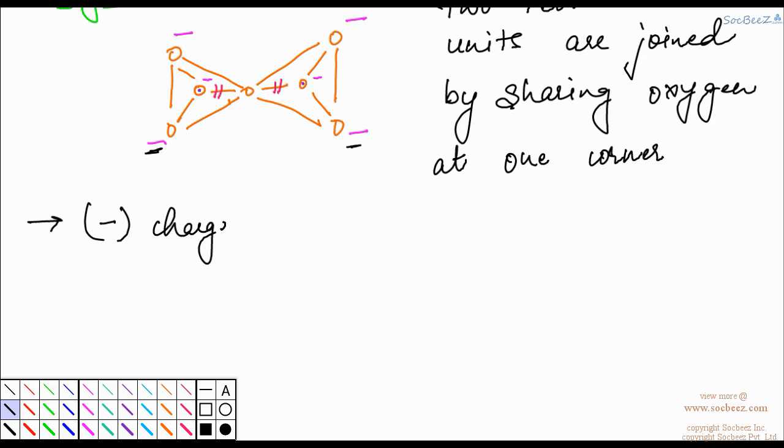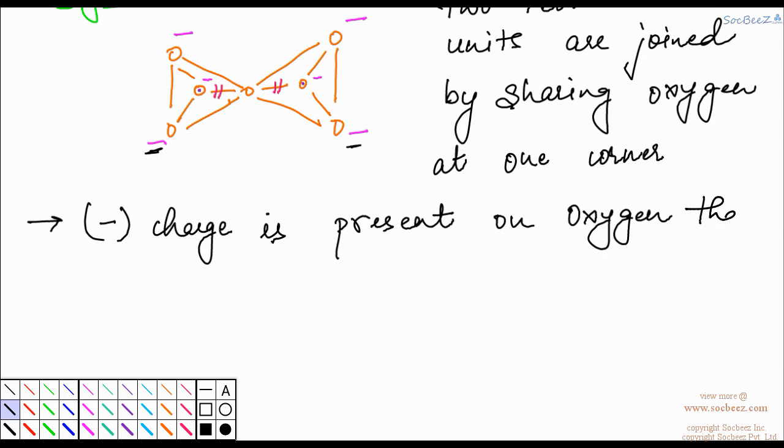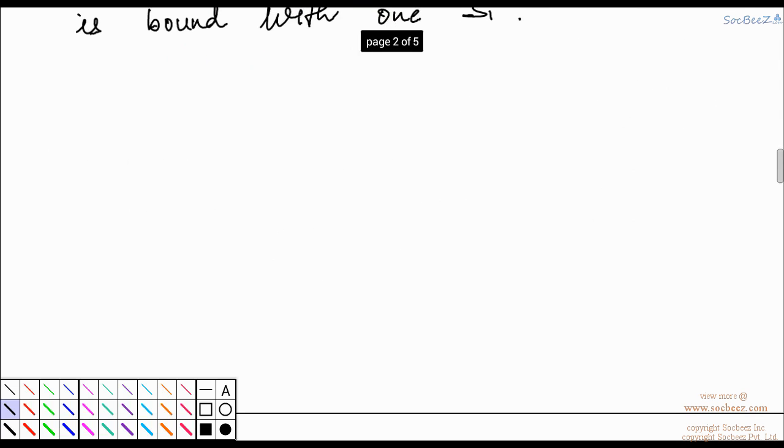Minus charge is present on oxygen that is bound with one silicon. If it is bound with two silicons, like this oxygen is bound with two silicons, then it won't have a minus charge. Okay, so the next silicates which you would see are called the cyclic silicates.